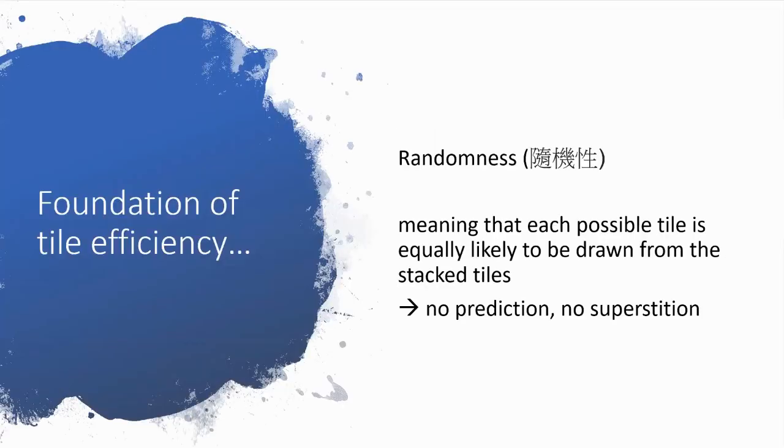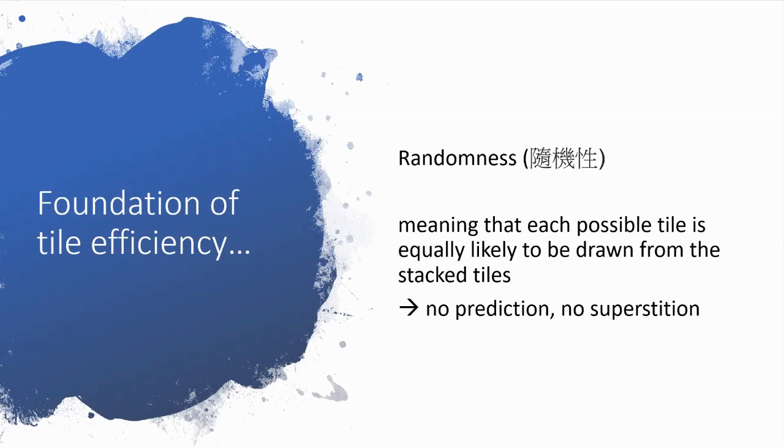Like the previous slide suggests, today we are going to talk about two very important concepts for playing Mahjong. The first one will be on tile efficiency. The foundation for tile efficiency actually builds on randomness, okay? Randomness is a concept that is very important in statistics. Basically it means that each and every possible tile is equally likely to be drawn from the stacked tiles, okay? Equally likely would be the keyword, okay?